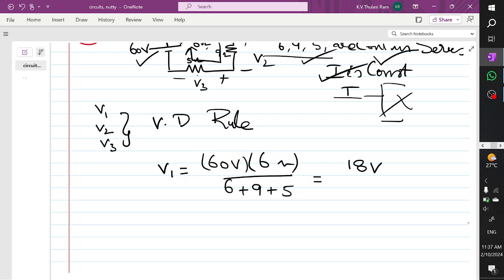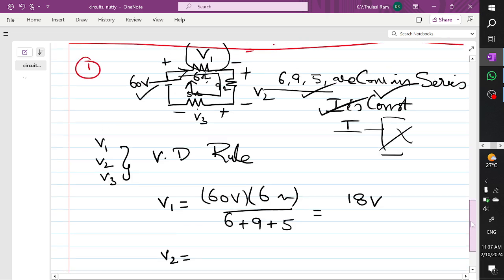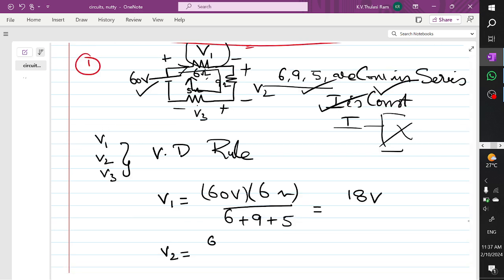Similarly, let's apply this to find V2. What is the source voltage given to us? 60 volts, multiplied by... where is V2 here? Here is V2. What is the resistor associated with V2? It's nothing but 9 ohm. 60 into 9 ohm divided by the sum of resistors which are connected in series. What are those resistors? 6, 9 and 5.